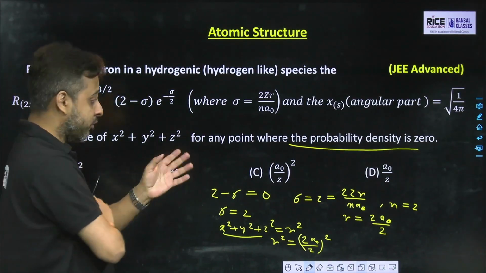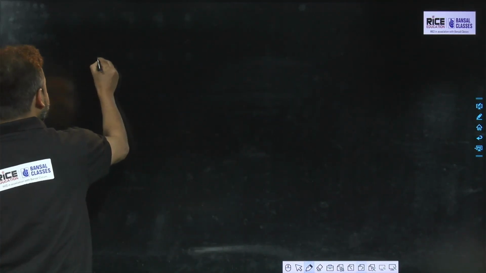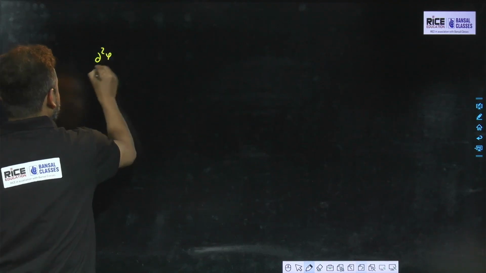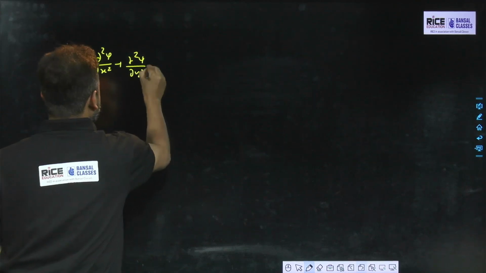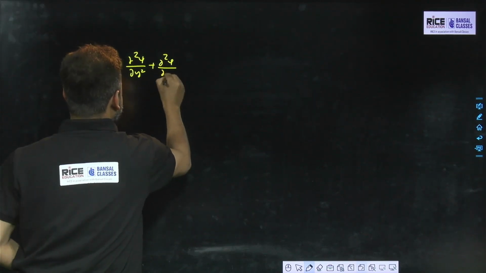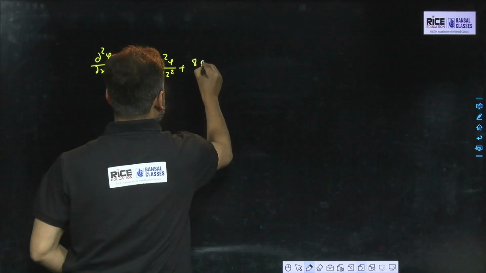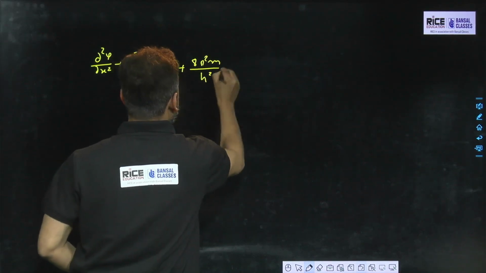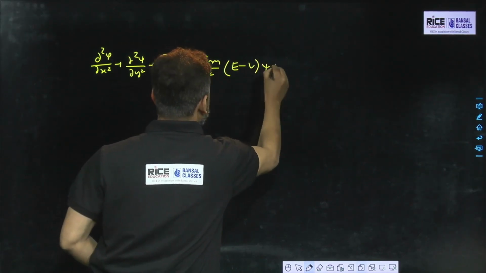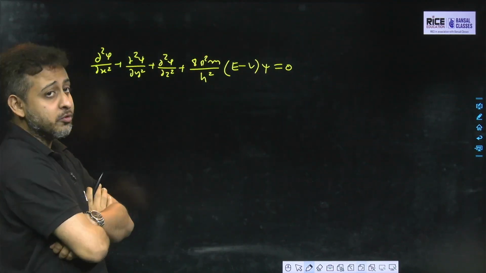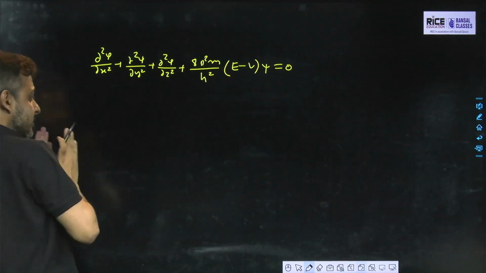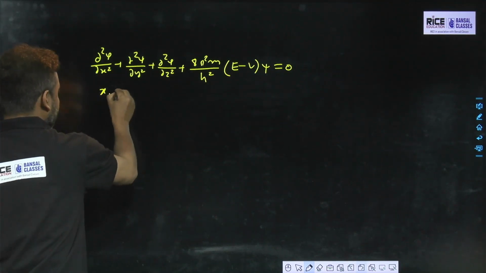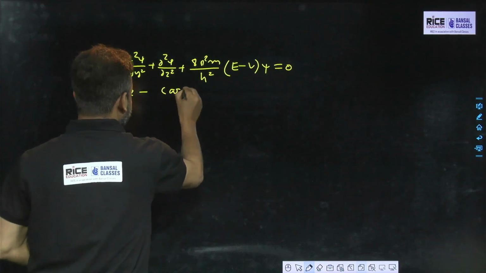For that, we know the Schrodinger wave equation: del 2 psi by del x square plus del 2 psi by del y square plus del 2 psi by del z square plus 8 pi square m by h square into (E minus V) into psi equals 0. This is the 3D Schrodinger wave equation, where x, y, z are called Cartesian coordinates.